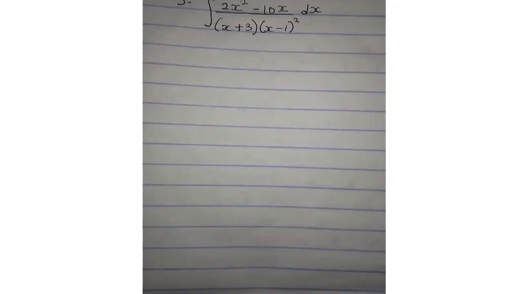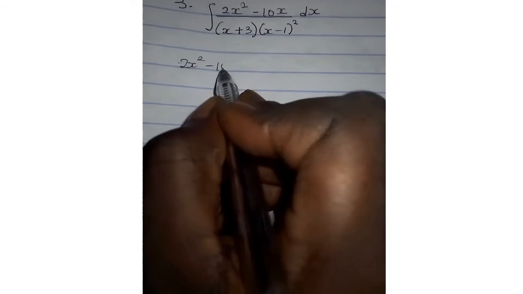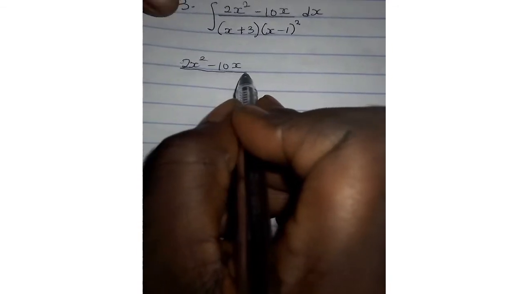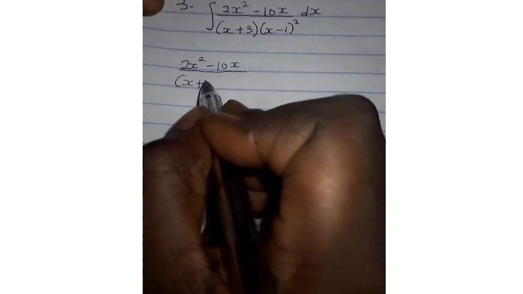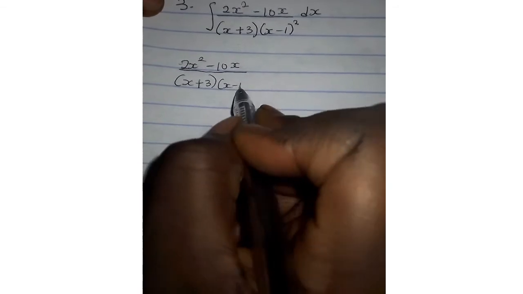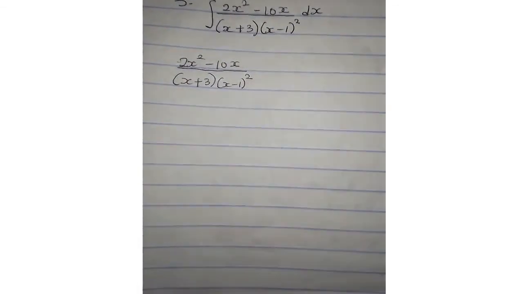Alright, so now we're going to take another example. Set this in this pattern. So we're going to have here 2x squared minus 10x over (x plus 3)(x minus 1) all squared. Now this pattern is going to change because the other part of the denominator is carrying a square, so we're going to share it.